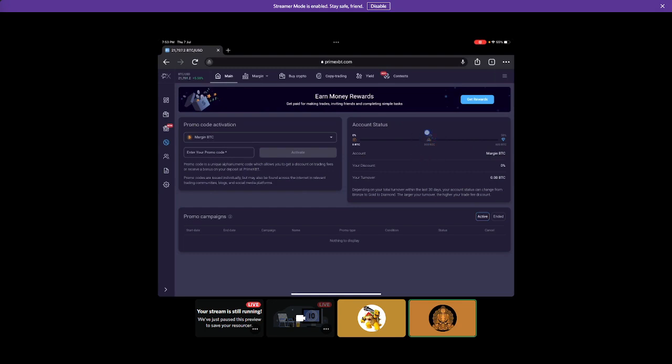I think the turnover for USDC has to be about 15 million, and then the diamond 50% off is 30 million. So yeah, it's quite quick with cryptocurrency. But when it comes to forex and commodities, because the fees are so low, the turnover takes a lot longer to take you to that 25% discount and then eventually 50%.